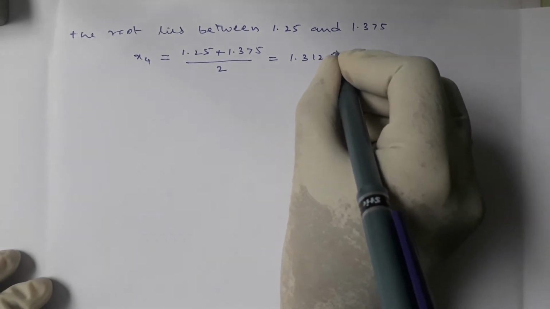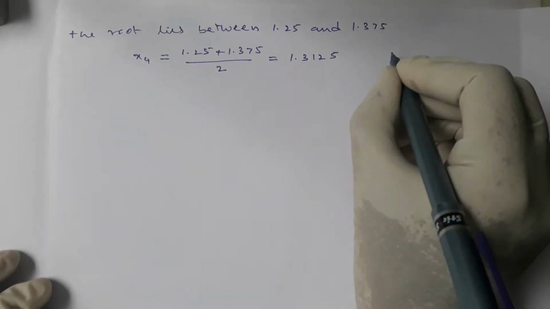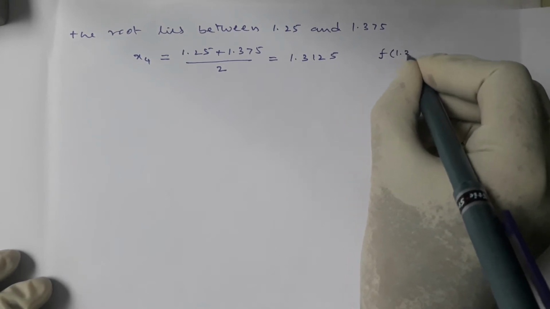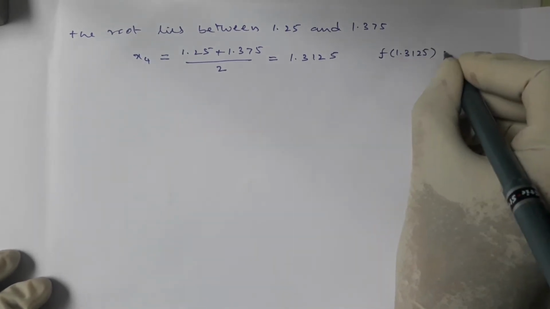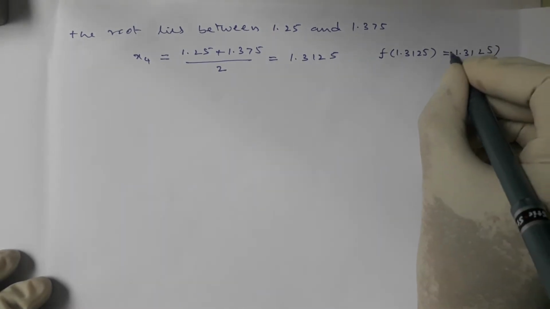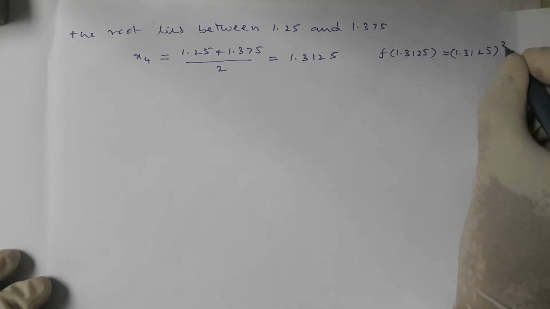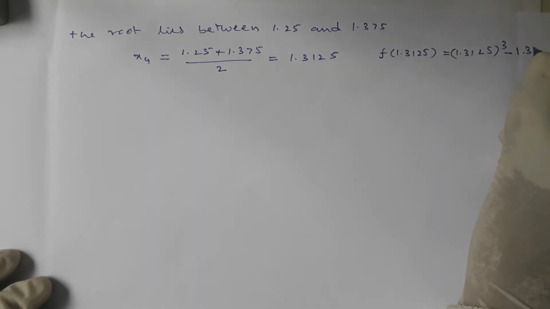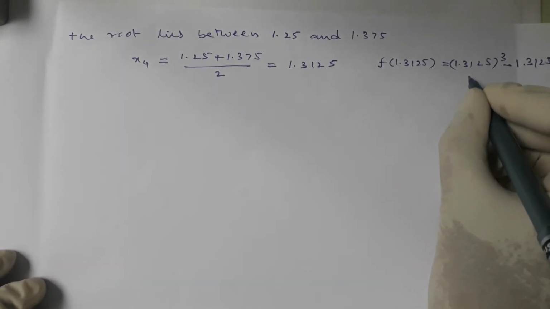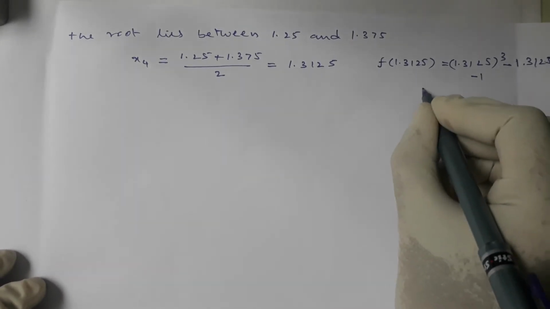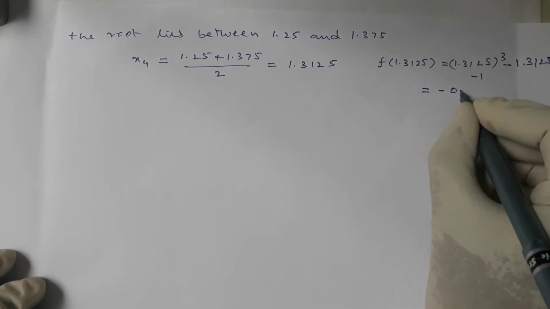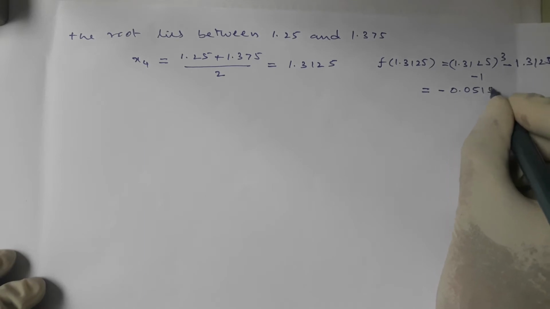Using the calculators allowed in the examination, f of 1.3125 is equal to 1.3125 whole cube minus 1.3125 minus 1, which simplifies to minus 0.0515.